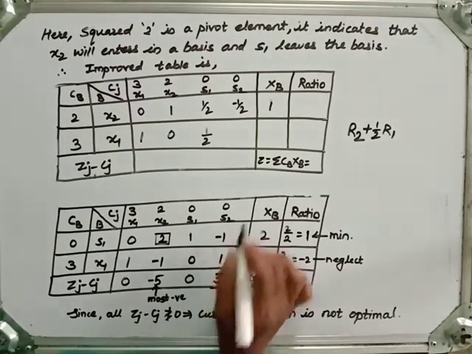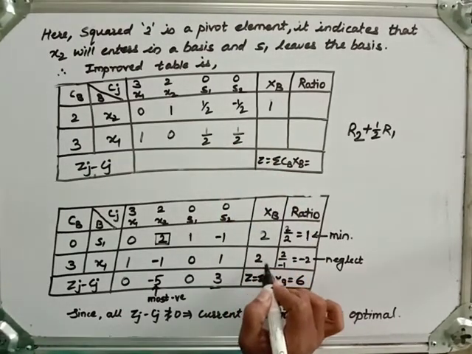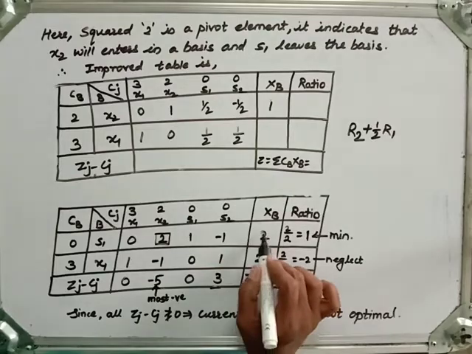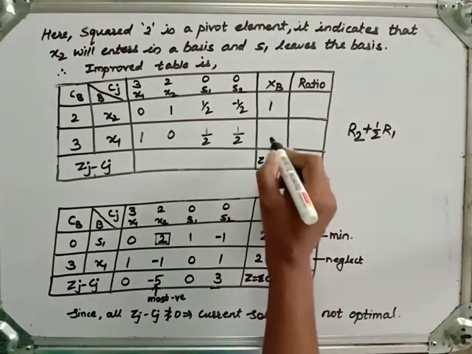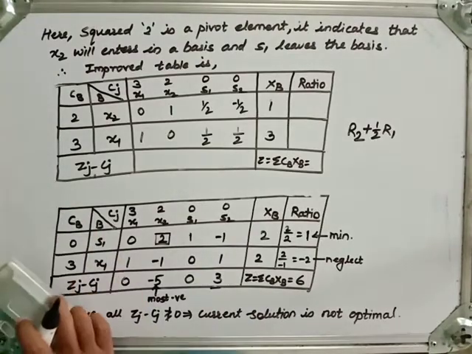So 1 minus half, so it is also half. Now here 2 plus half times this 2, so it will be 3. Okay. Now we get all the elements.